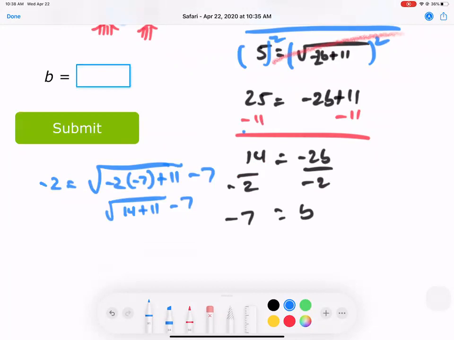Positive 14 plus 11 is 25. The square root of 25 is 5. And 5 minus 7 is -2, which is what we wanted.